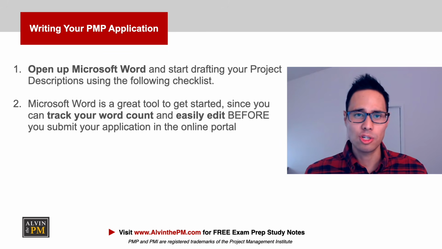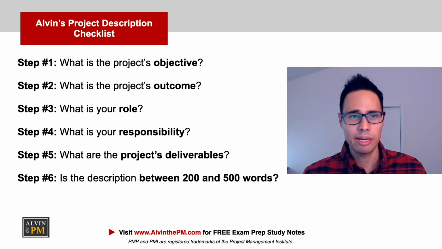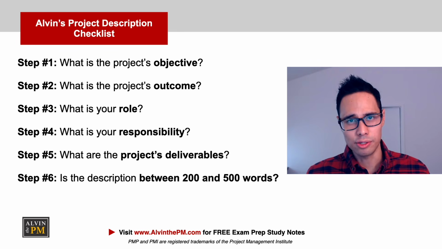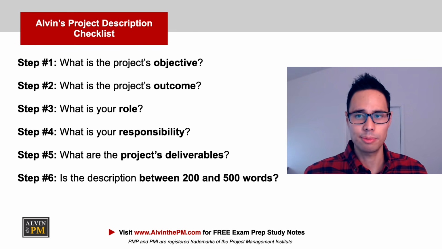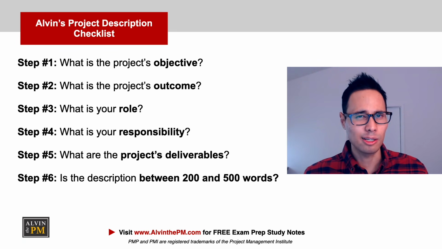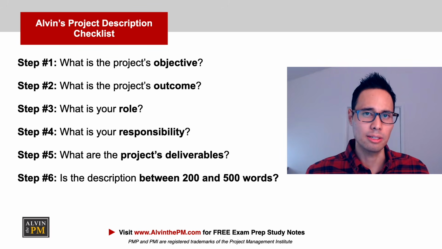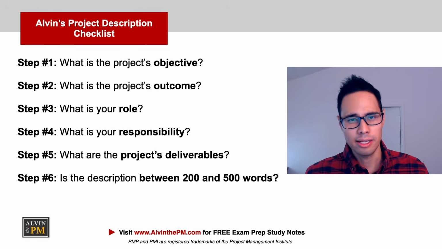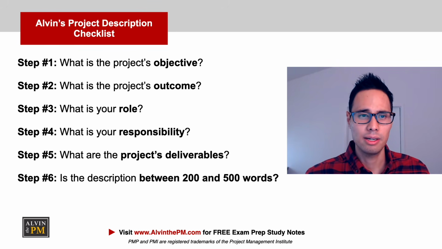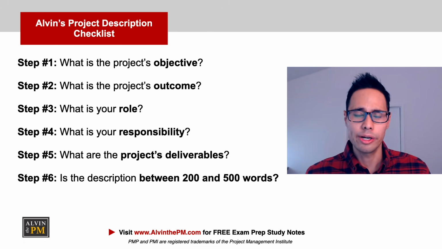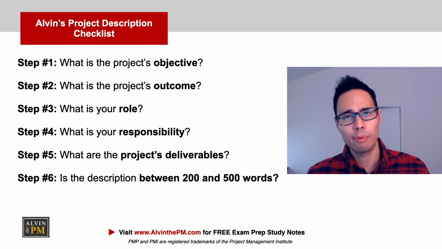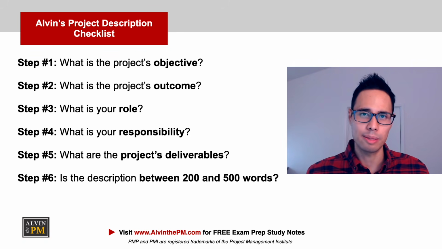Now, I wrote this short checklist that you can use to make sure you include everything that you need to when you're writing your project descriptions. If you feel lost and a little bit confused, start by asking yourself each of the following questions. The first question is to identify what is your project objective. Next, write out what your project's outcome is, followed by your role and your responsibilities on the project.